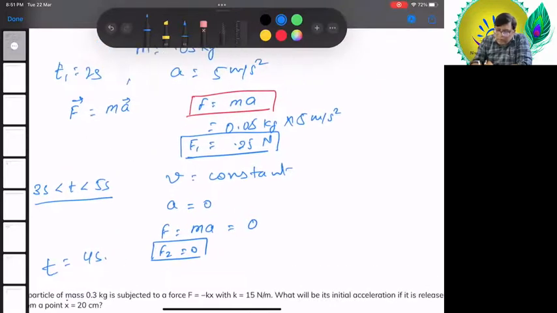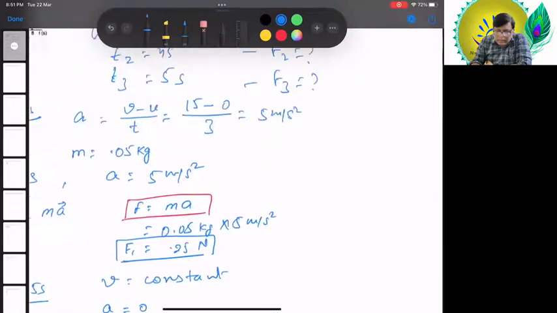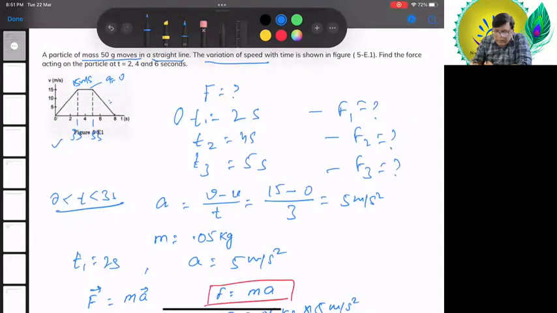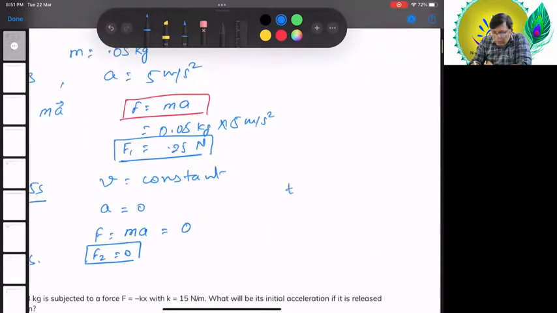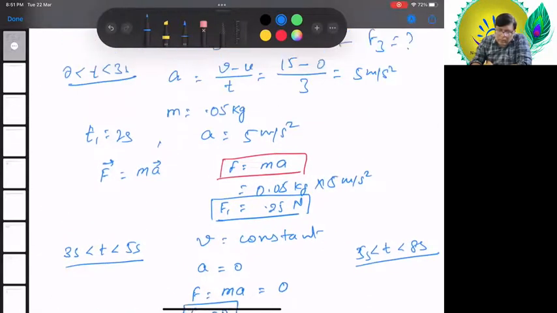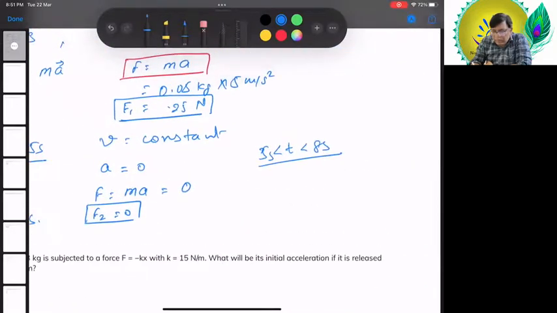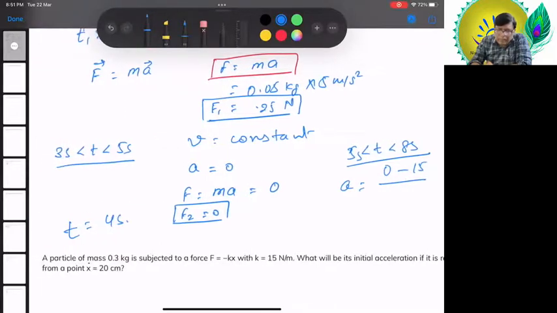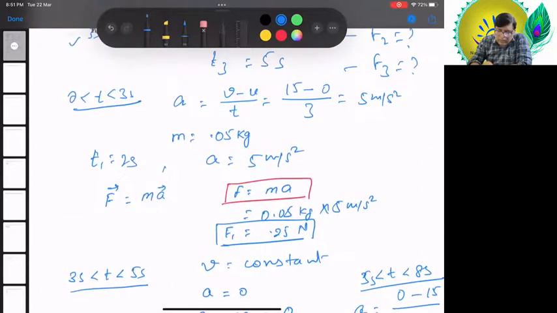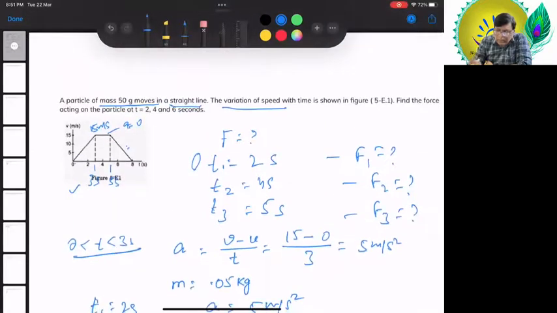Now let us consider for the time 5 second to 8 second. Here velocity is continuously decreasing. Again we can apply this average formula of acceleration for this range. The final velocity is 0, initial velocity is 15 meter per second, and it is taking 8 minus 5, 3 seconds.